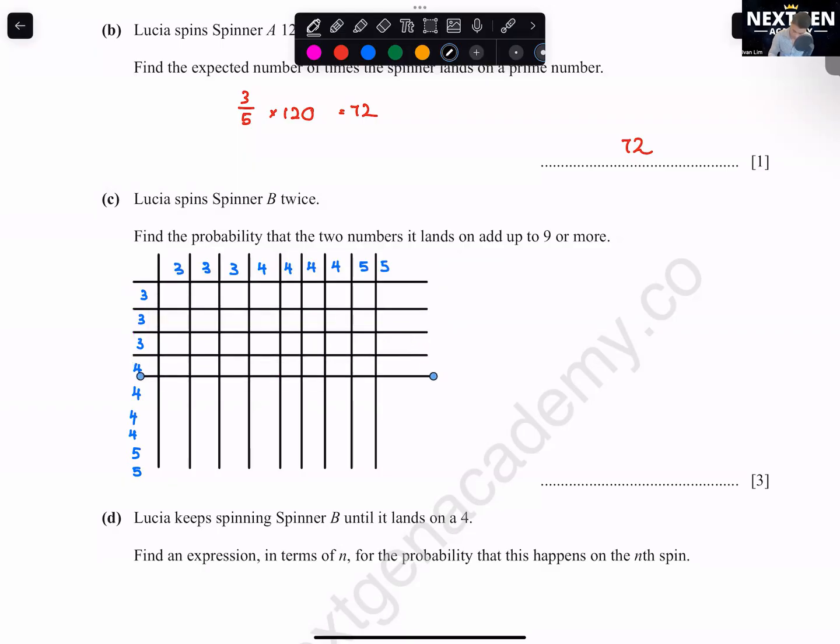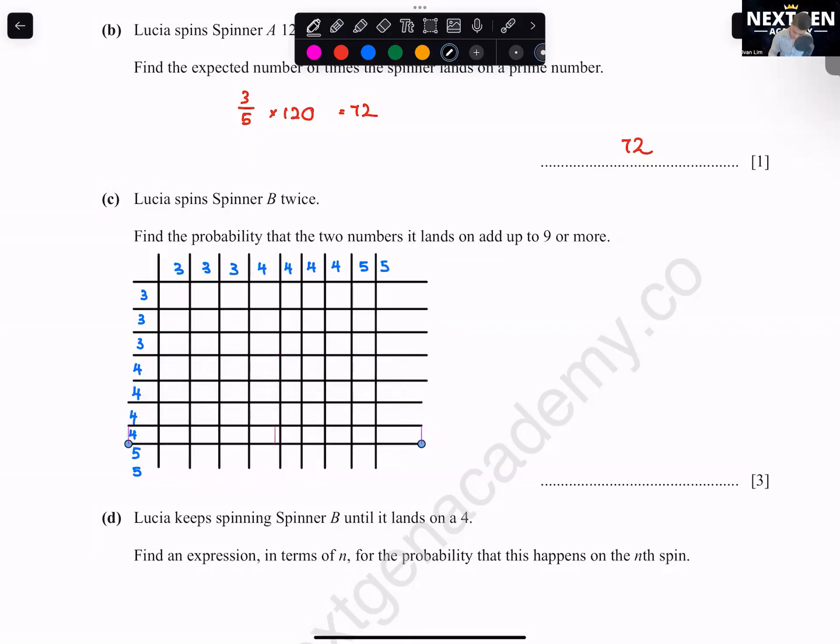The ones that don't, you don't need to write out. So which one will give you 9 or more? 5 plus 4, here, I'll get 9.